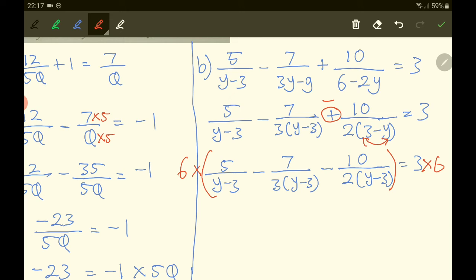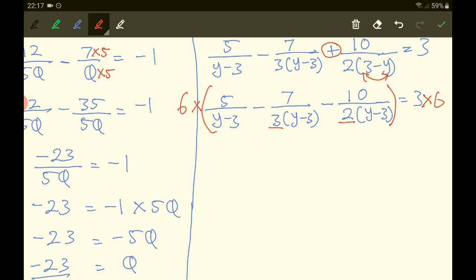Why 6? Because 3 and 2 can both divide 6. Why not 12 or 18? Yes, it's possible, but it's too big. So we try to find the least number, the minimum number, and multiply both sides by 6.